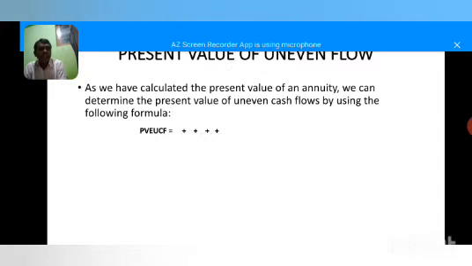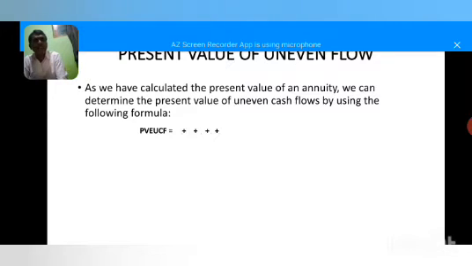The only difference is that in even cash flow, the amount remains constant or fixed for a particular period of time. But here, in the present value of uneven cash flow, the amounts are not equal and do not remain the same. They change from year to year.